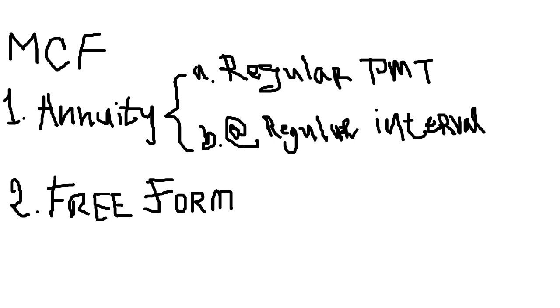Every month they want you to pay back in installments. So your installment is a regular amount. It's always the same amount, at regular intervals, monthly. That fits the concept of annuity.